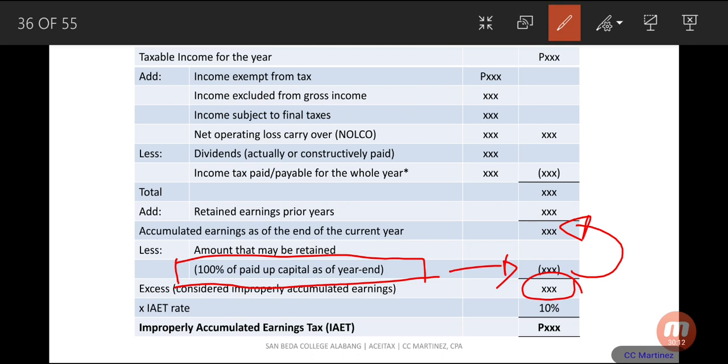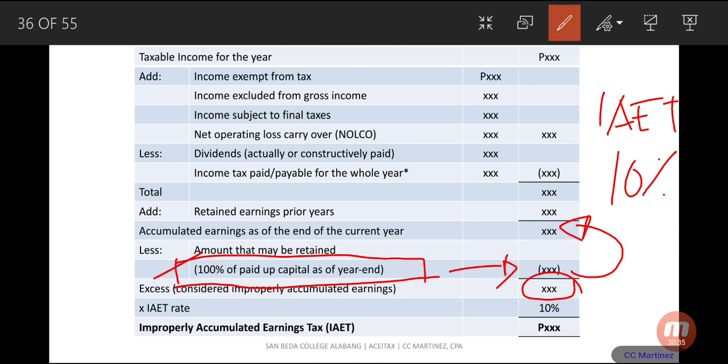So, again, the tax rate for the IAET or improperly accumulated earnings tax is 10%. Okay? 10% of excess. Okay, so yan lang yung gusto kong i-focus dyan.